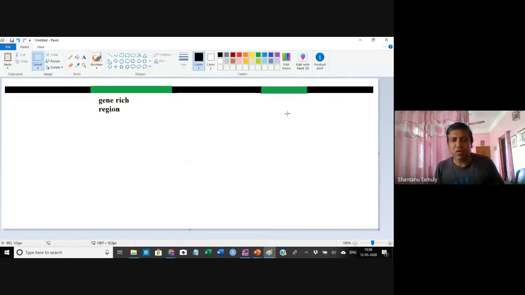As per the definition, the region where the MHC genes are present is rich in genes. That means the genes are quite close together.